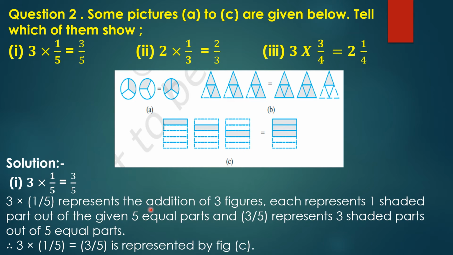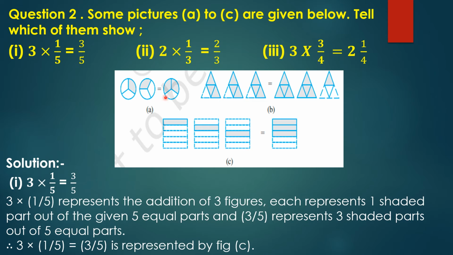It represents the addition of three figures, each representing one shaded part out of the given 5 equal parts. So that means there should be three figures, and along with that there must be 5 equal parts and one part should be shaded. Okay, and the RHS is 3 by 5.